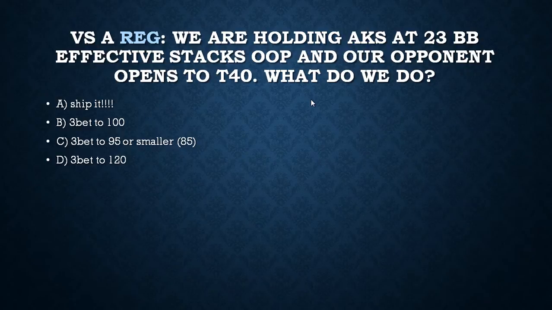We're talking D here, 3-bet to 120. E, both B, C, and D. That should be an and, not an or. That is a typo. And finally, F, both B and C. So once again, I'm going to give you guys a few seconds, and good luck.